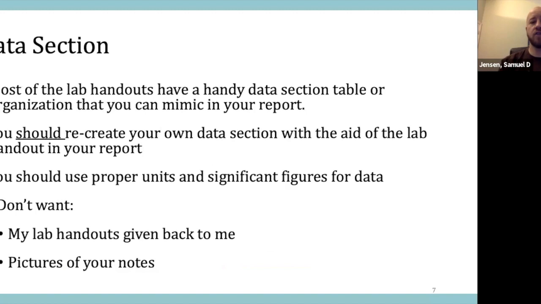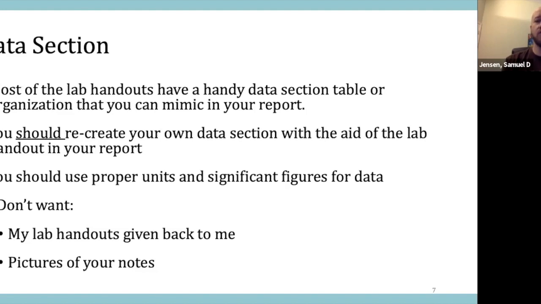Your data section for most of these, as they are all virtual labs, you will either be given data, okay? So you just need to probably finish the data section. A lot of times I'm giving you just the data that you would have collected in lab, okay?